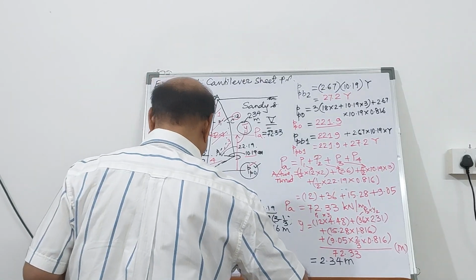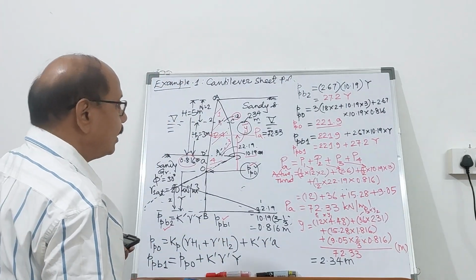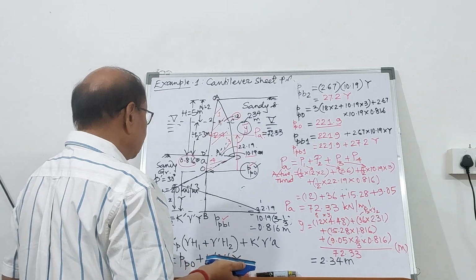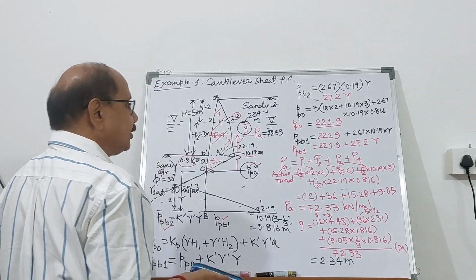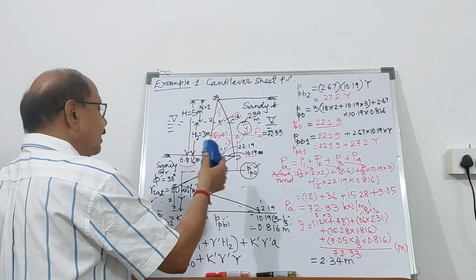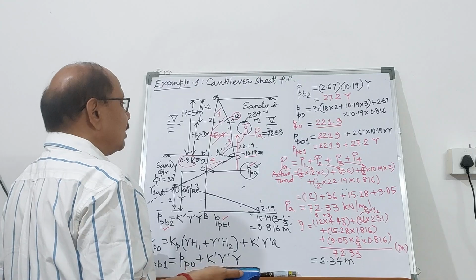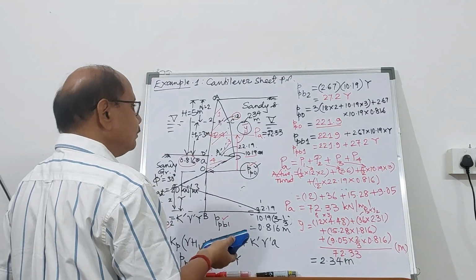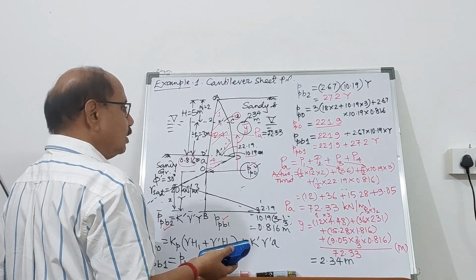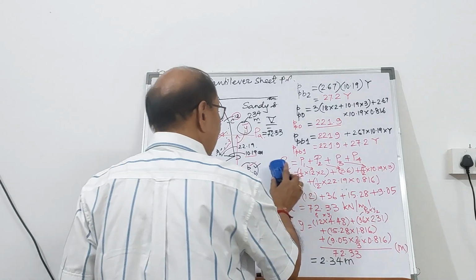Now, friends, you can find out the value of sigma h, the algebraic sum of all the horizontal forces must be equal to 0 for static equilibrium. So let's calculate that.